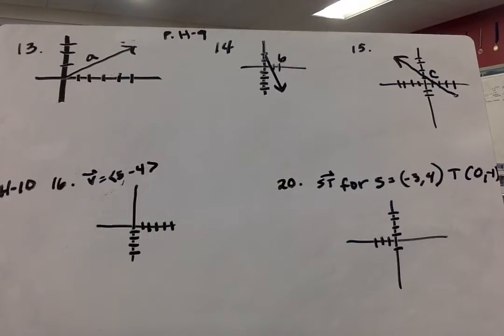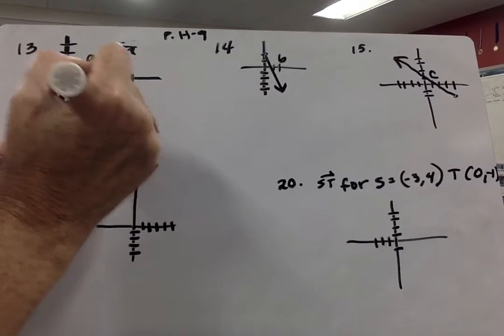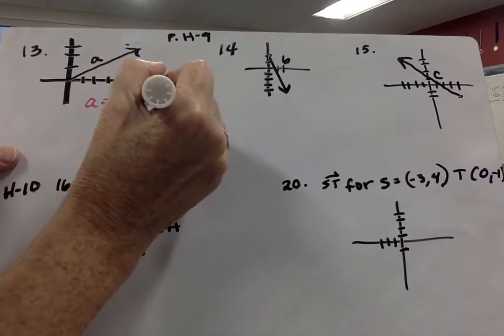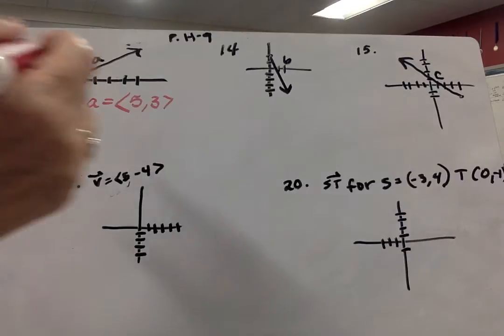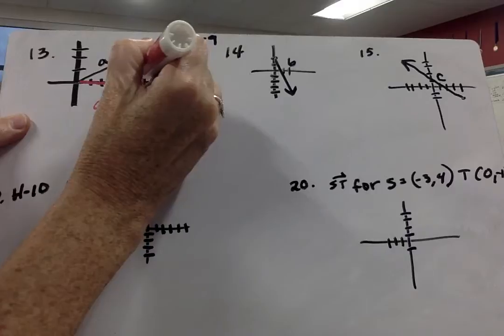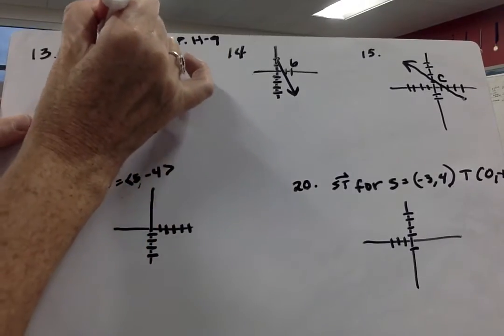So if I look at A, I can see that A is 5 over and 3 up. So the vector A... okay, now to find the magnitude, I'm going to use the Pythagorean theorem because the Pythagorean theorem says for every right triangle, a squared plus b squared equals c squared.